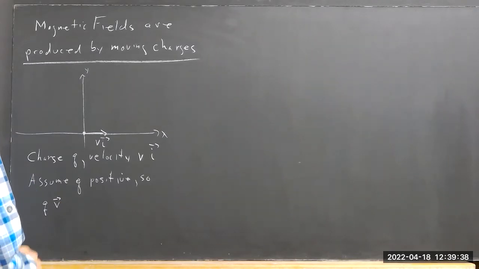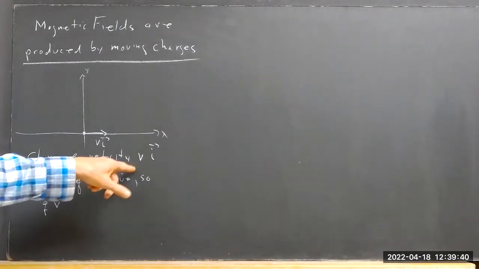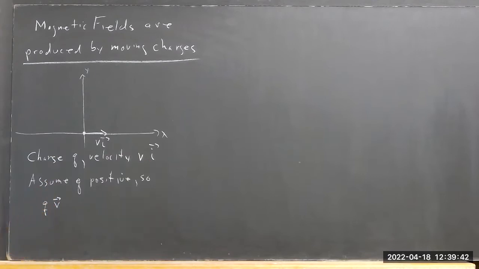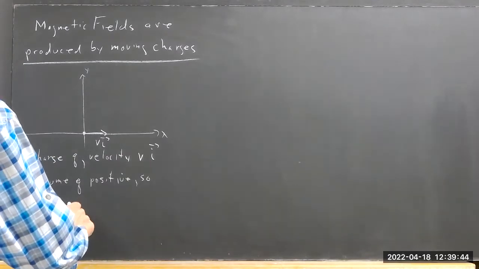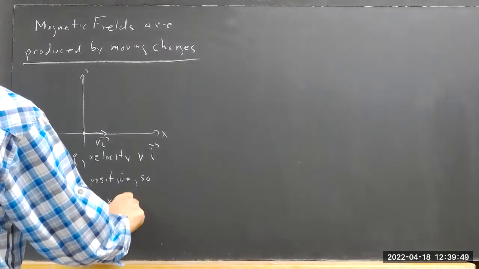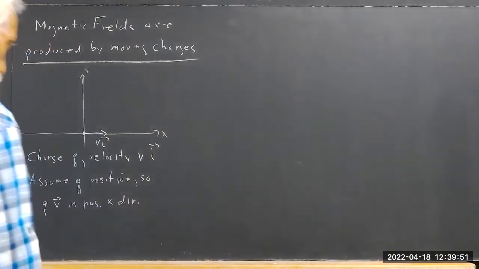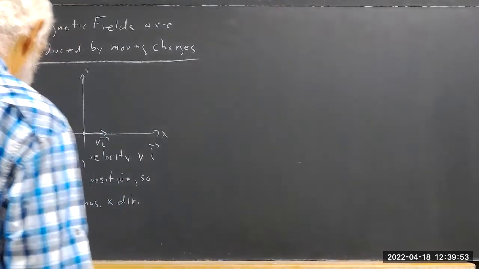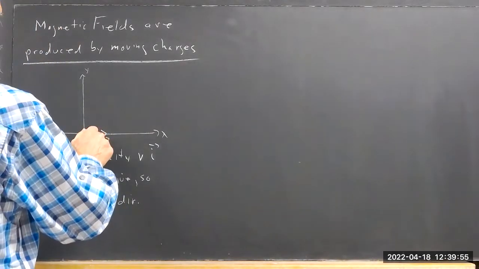So the vector Q times the vector V, which is V times i, right? QV is in the positive x direction. So here's QV.